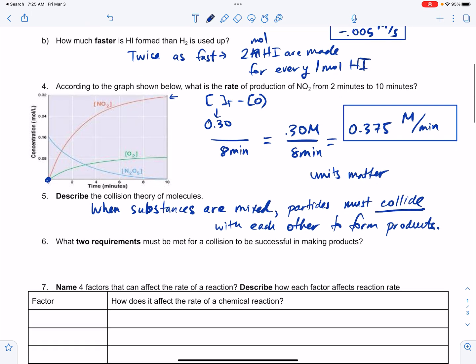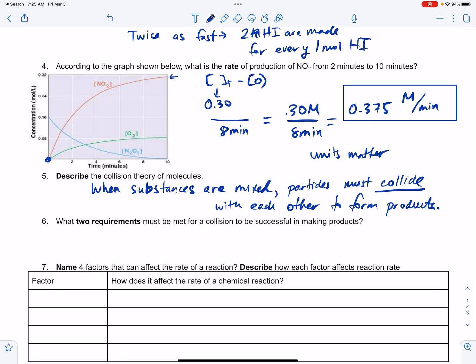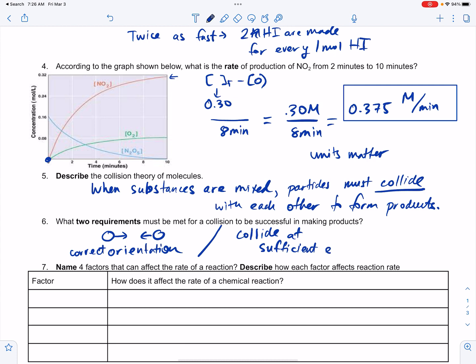What two requirements must be met for a collision to be successful in making products? First of all, they must be oriented in the right direction, so correct orientation. And then they have to collide at sufficient speed, at sufficient energy, because if you just tap each other, it's not going to work very well.